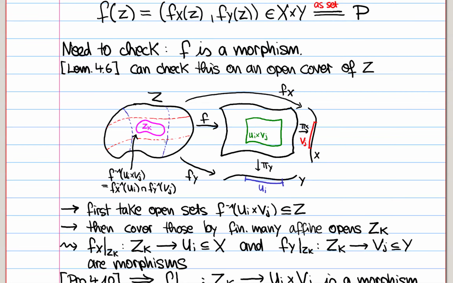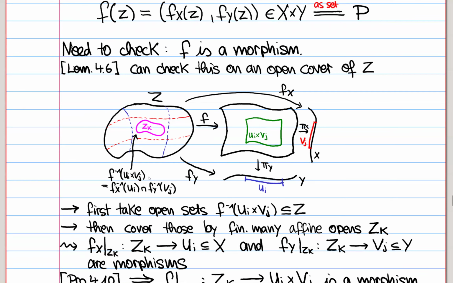And to see this, just note, what does it mean to be in the pre-image here? It means that first of all, you must map to U_i when restricted to X. So you're in f_X inverse of U_i. And you must map to V_j when restricted to Y. So once you're in this intersection, you land in this green part.